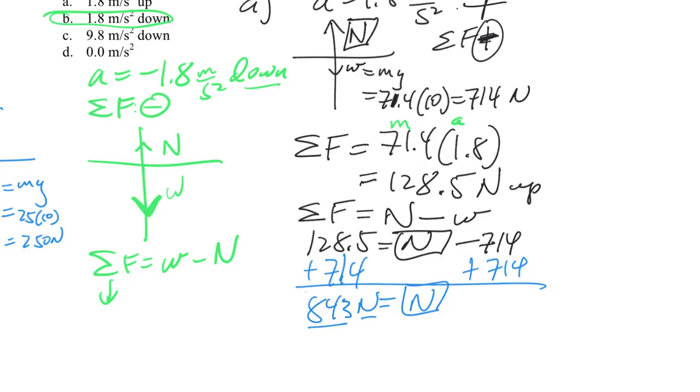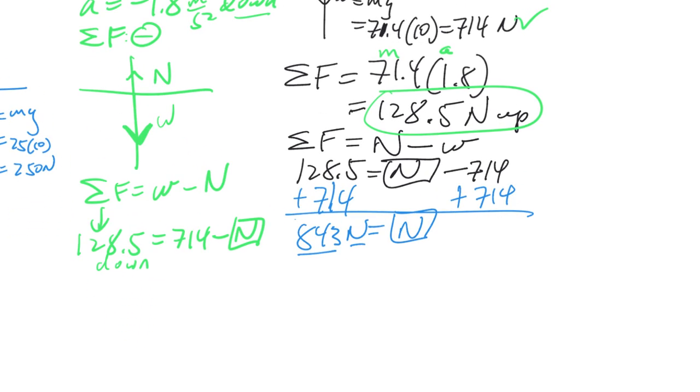So that equals 128.5 newtons, but it is down. So I got to take the bigger thing, which is the weight, and subtract the smaller thing from it. So the weight is still 714. I solved that up here. Minus the normal force.